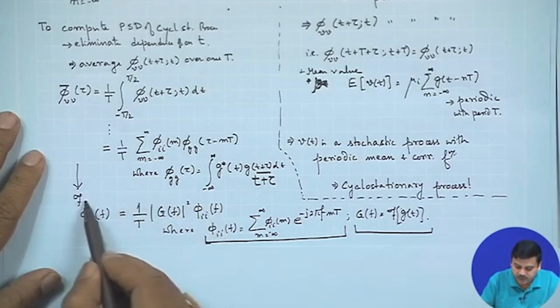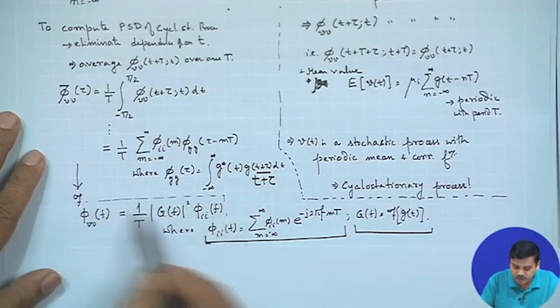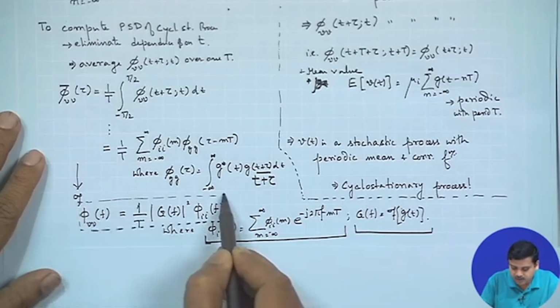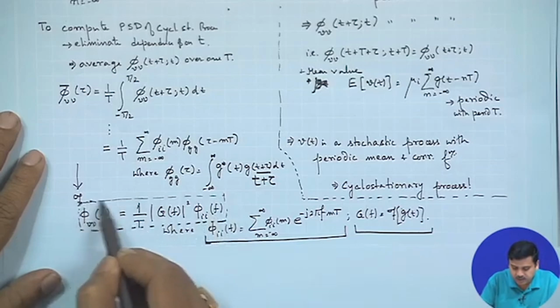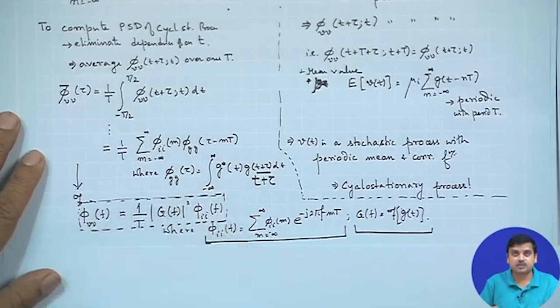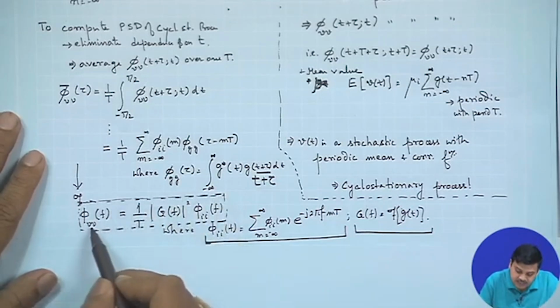So, this would be the typical structure of the spectrum of the low pass equivalent stochastic process, or the PSD of the low pass equivalent signal.